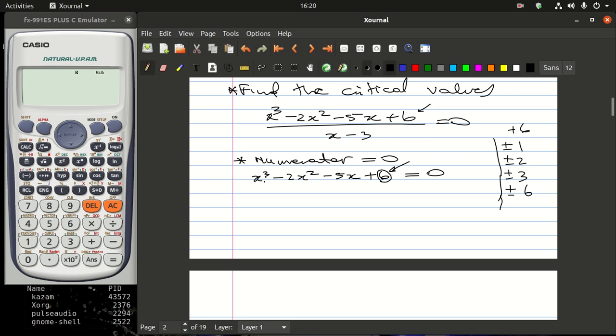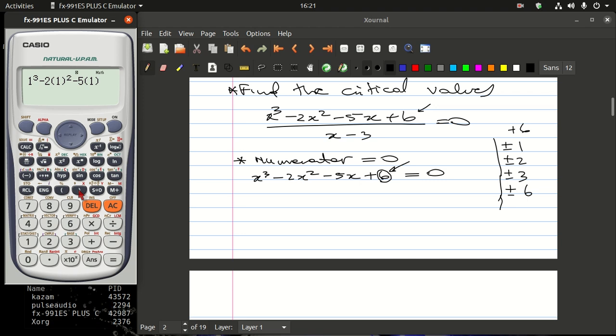Now if I am plugging in a 1 there, I will have 1 cubed, minus 2 times 1 squared, minus 5 times 1, plus 6. So the answer is 0.